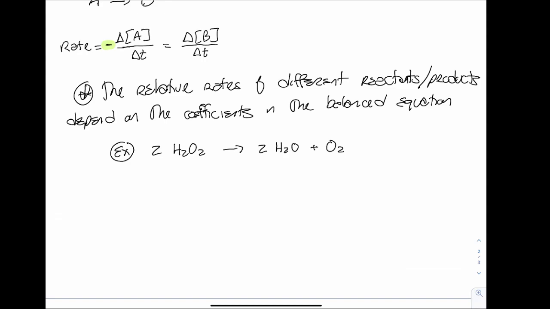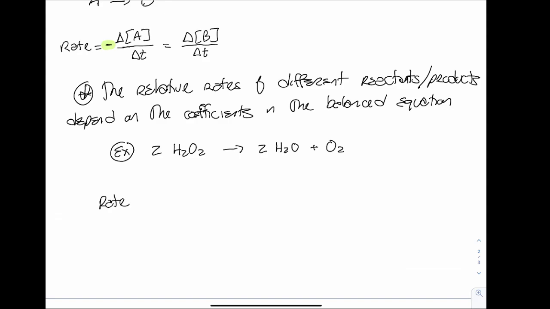Because it's not a one-to-one relationship, my rates are actually going to be different for a couple of these. You can look at them from any perspective. I'm going to start with oxygen because that's the one that has the 1 in front of it. But really, you can monitor the rate in terms of hydrogen peroxide or water or oxygen. I'm just going to start with oxygen.